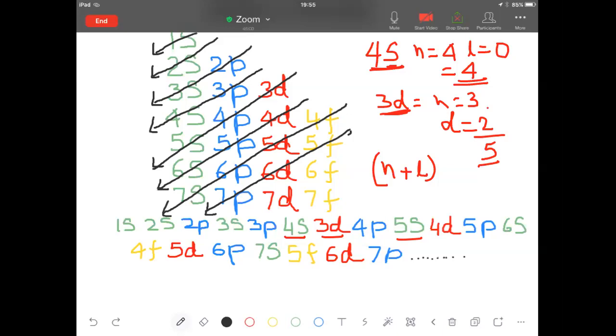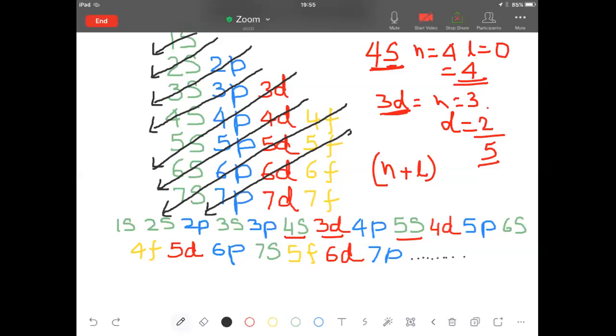In the beginning, it becomes a little difficult to straight away write the atomic orbitals in their increasing order of energy. So it is always advisable to use the Aufbau table, and then you start writing the atomic orbitals. That way it will become easier for you. So this is about the Aufbau principle.